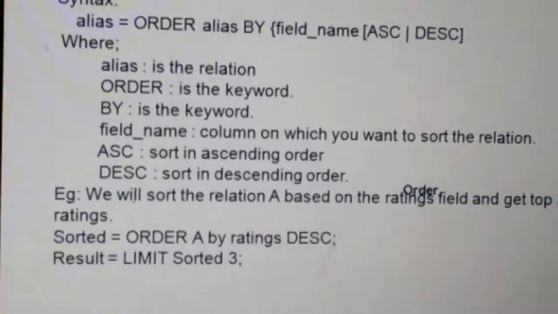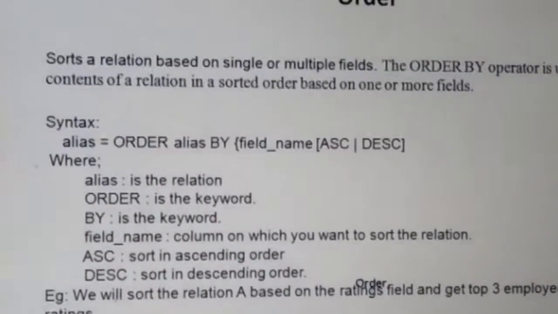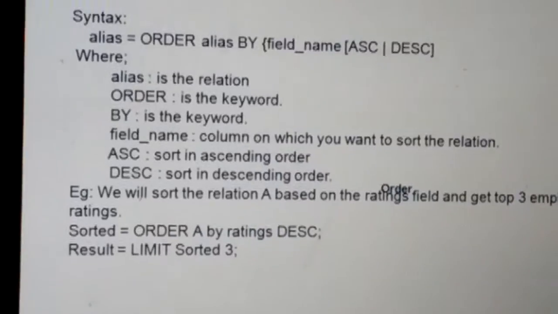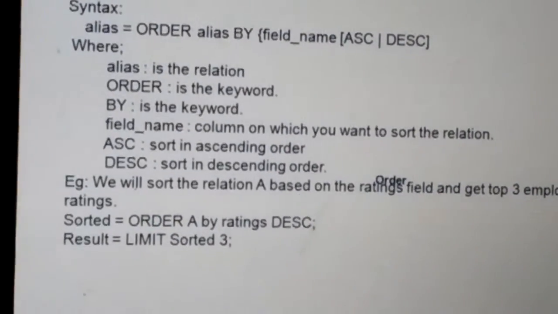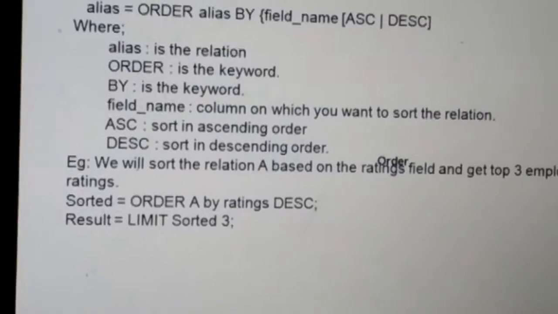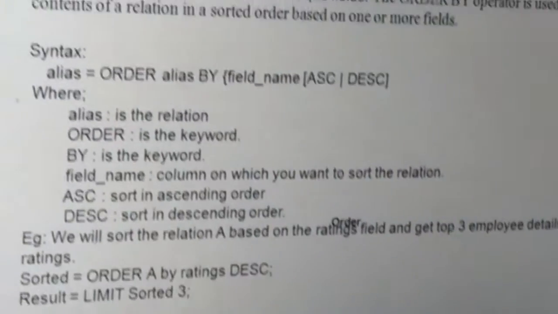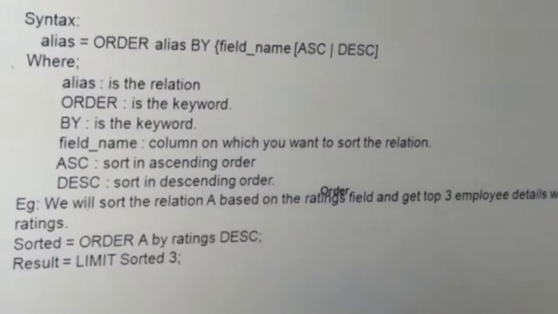So this is an example which shows whether you want to order in ascending or descending order. Alias equal to order, then which relation you want to order, then by selection of field names, then order ascending or descending. So alias is nothing but the relation which you want to put for ordering. So this is the syntax.